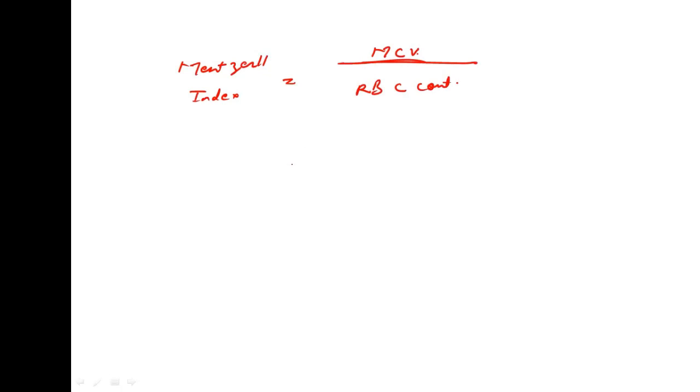This is called the Mentzer index. So, for example, if there is a case of a 9-year-old boy having mean corpuscular volume of 60 and RBC count of 5, that means this index is around 12.